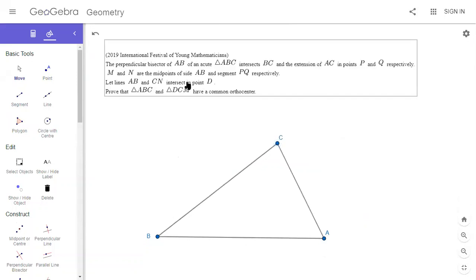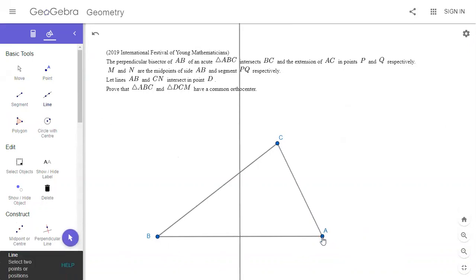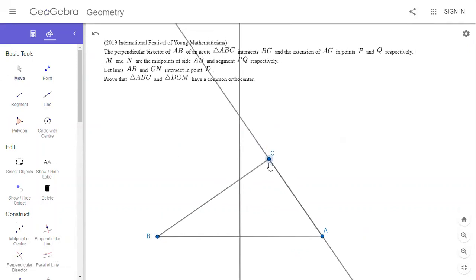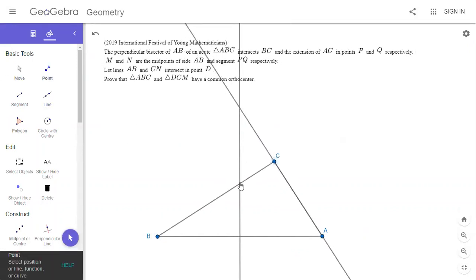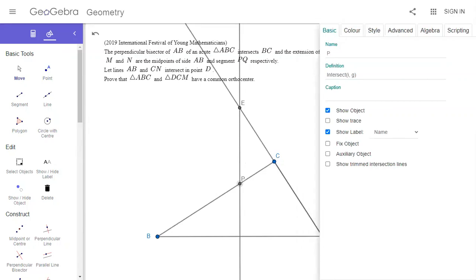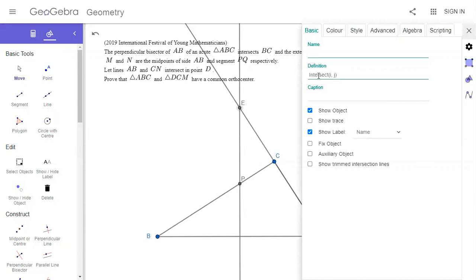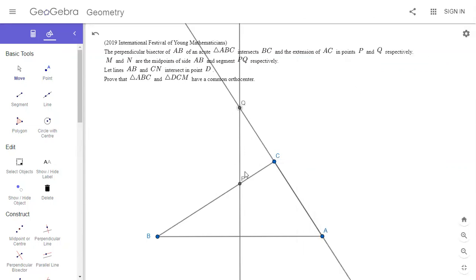Points P and Q. That's P, Q. M and N are the midpoints of AB and PQ.